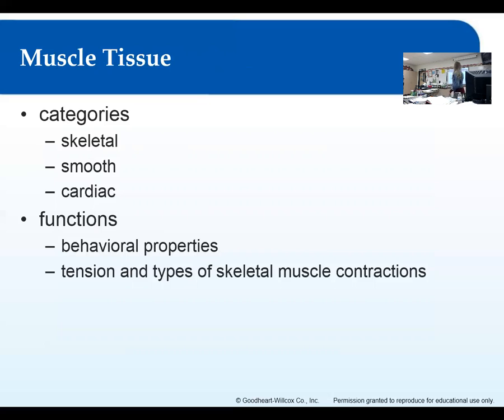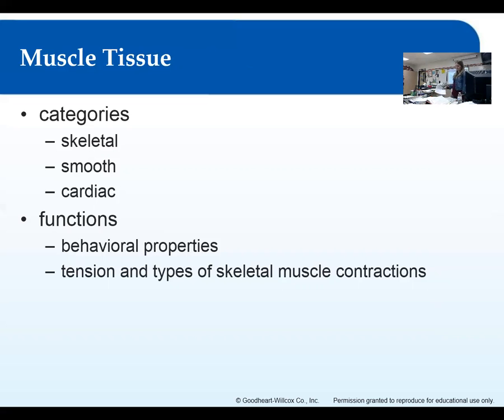Which of these are involuntary? Cardiac. What about the diaphragm? You can move it, but you also breathe without meaning to, and you get hiccups that you can't control. I'm not sure if it's considered skeletal or smooth.